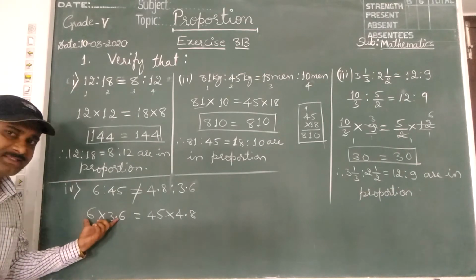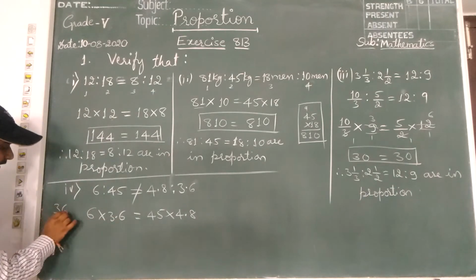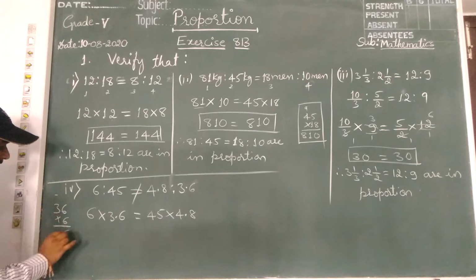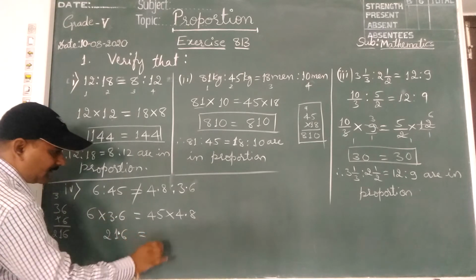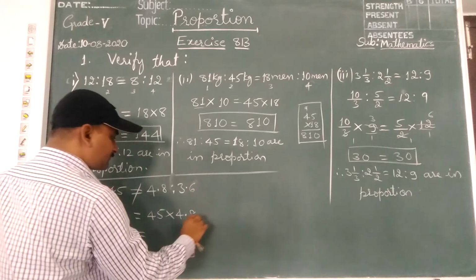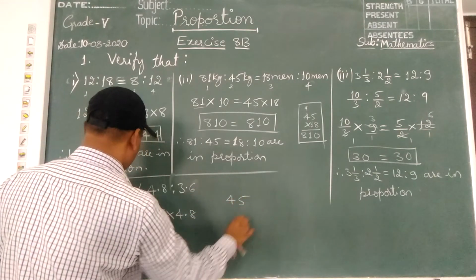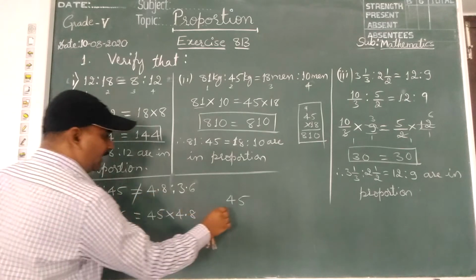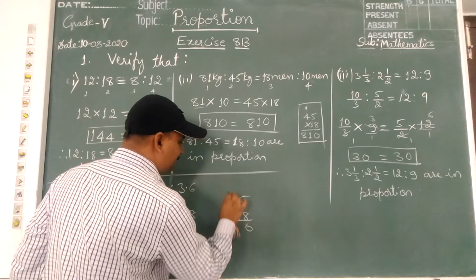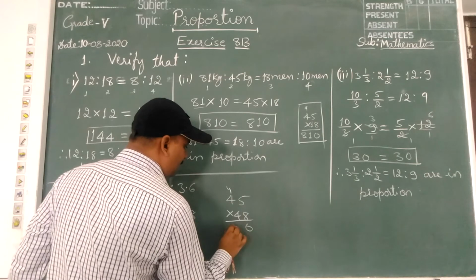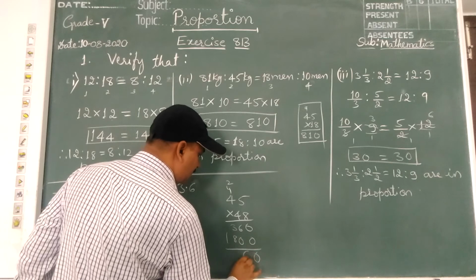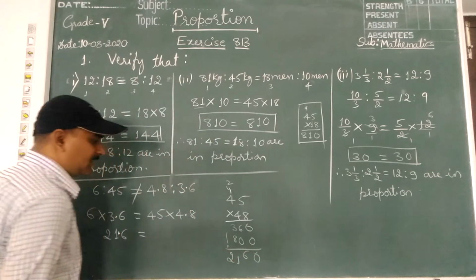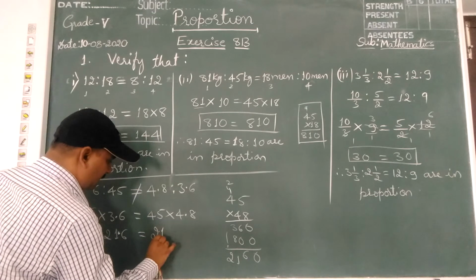Children, let us multiply 36 into 6. 216. So the decimal point will be after one digit. Let us multiply 45 into 48. So this is 2160.